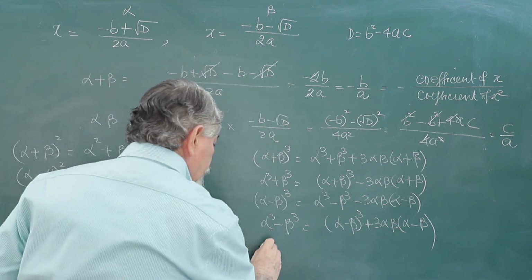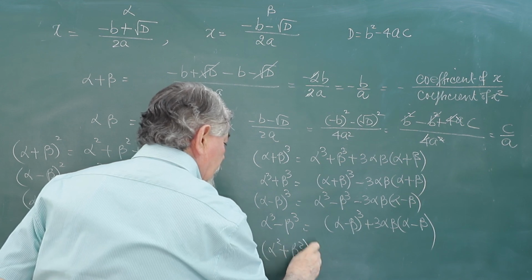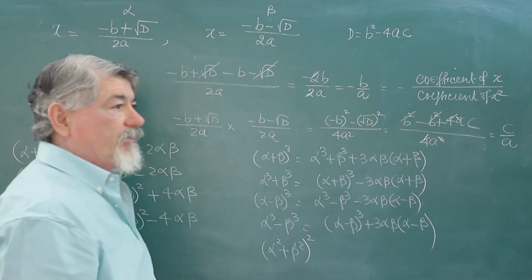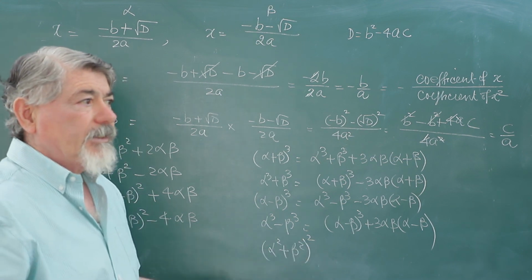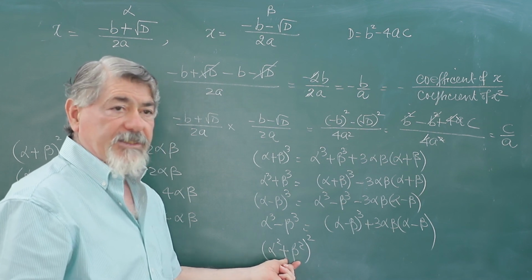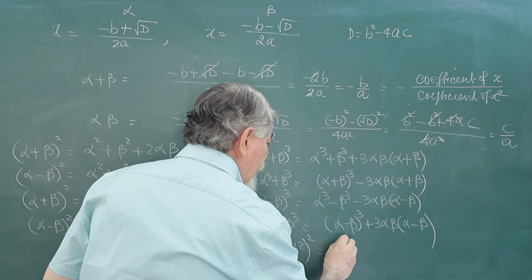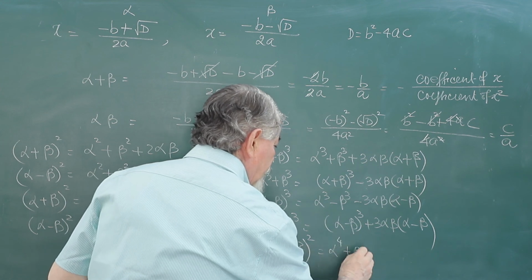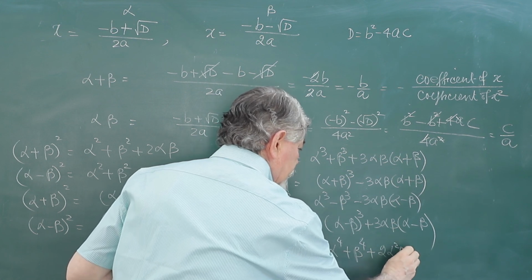Now if I want to use alpha square plus beta square to the power 2, for example, again in place of a I have alpha square, in place of b I have beta square. a plus b whole square will be a square plus b square plus 2ab, that will be alpha 4 plus beta 4 plus 2 alpha square beta square.